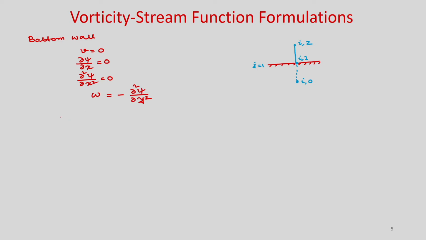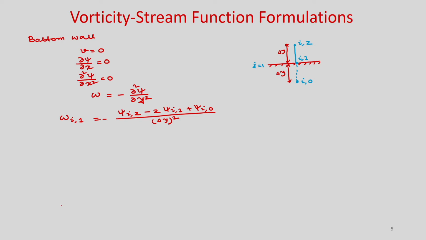So, now if you discretize using central difference method, then for omega I 1 you can write psi I 2 minus twice psi I 1 plus psi I 0 divided by delta y square. Okay. So, delta y is the constant step size.